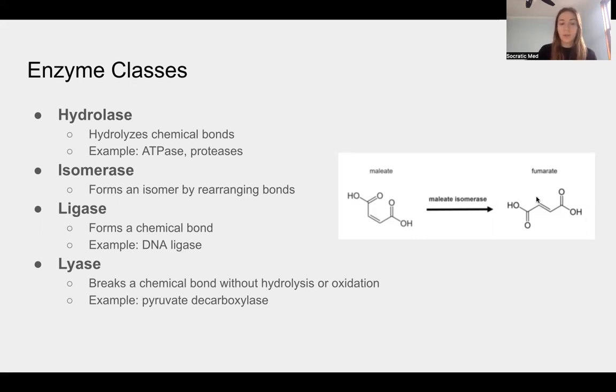Ligase, these form chemical bonds. So a good example here is DNA ligase. Lyase, these break chemical bonds, but they do not use hydrolysis or oxidation, because if they use hydrolysis, it would be a hydrolase. And if they use oxidation, it would be an oxidoreductase. So a good example here is pyruvate decarboxylase.